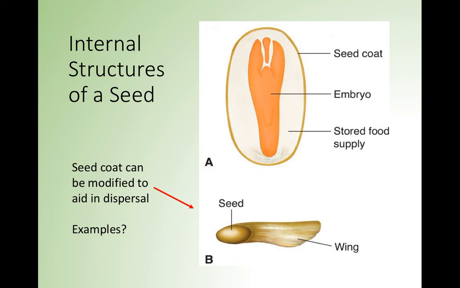And then you can even have some seeds, if you think of fruits, for example, that have other fleshy tissues around them that can attract animals to eat them, and then those seeds get carried off in the digestive tract. So there's a number of ways that these dispersal methods can occur.